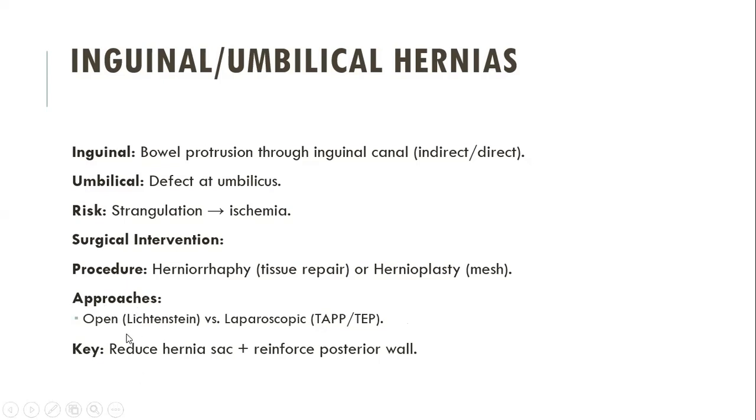There can be two approaches: open approach, Lichtenstein's approach, and laparoscopic TAPP or TEP approaches. The key is to reduce the hernia sac and reinforce the posterior wall. You have to reduce those hernia contents back into the abdomen, and you have to support or reinforce that posterior wall with tissue repair or any kind of mesh.